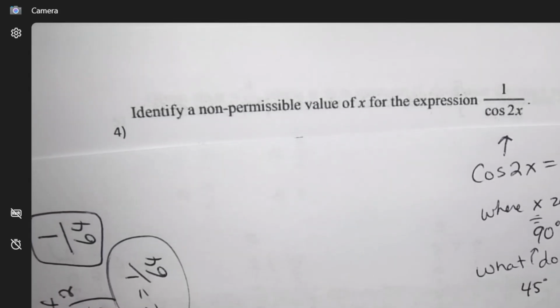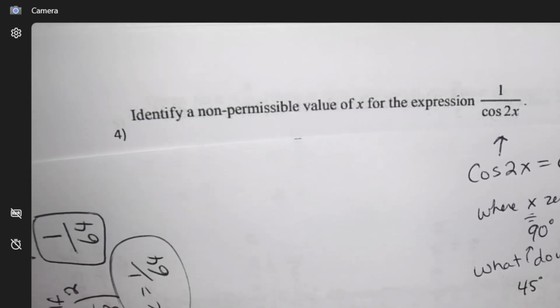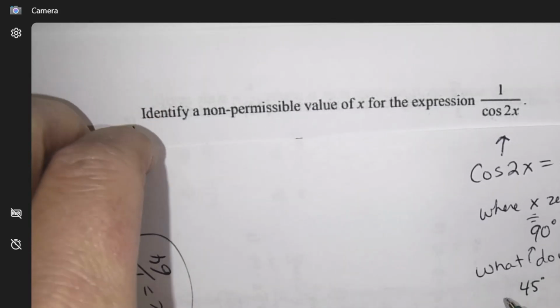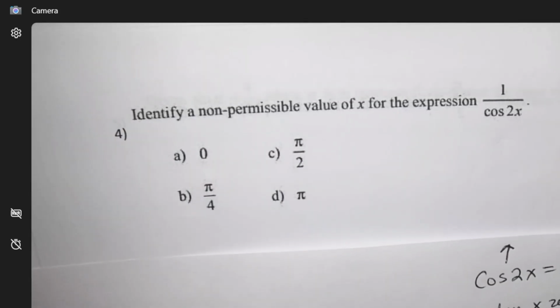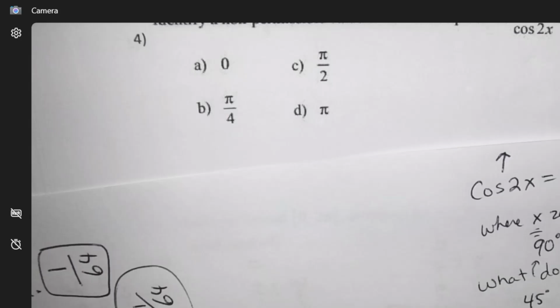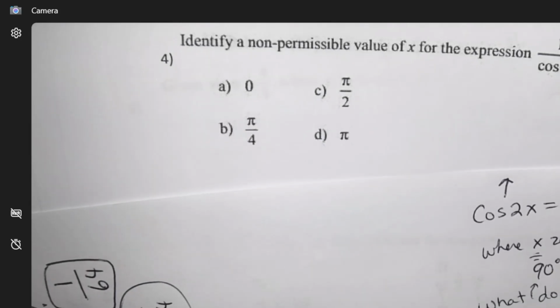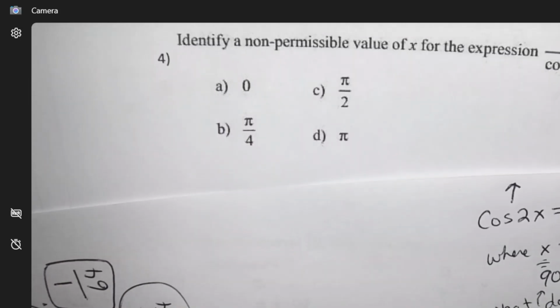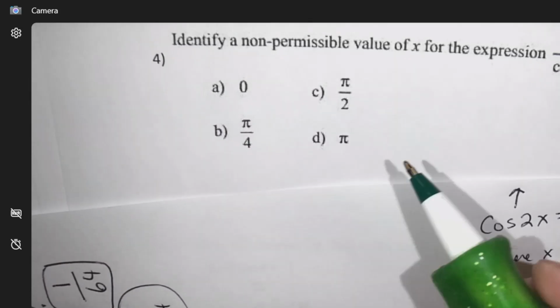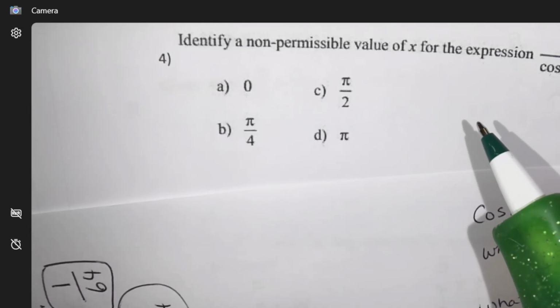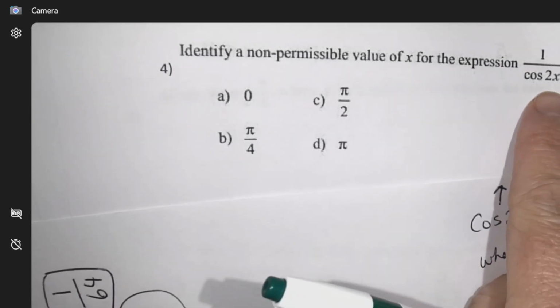And what doubles to that? 135 degrees would also be a problem. Okay, so these are the problems. So do any of my multiple choices fit? Yes. B, because that's how many degrees? 45. So again, it's not the angle, it's the doubled angle being the problem. Okay, because that's what 2x is.